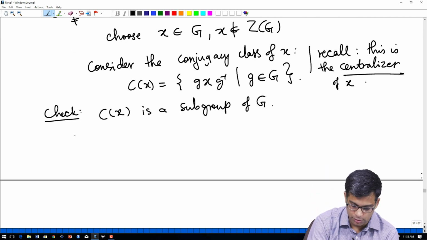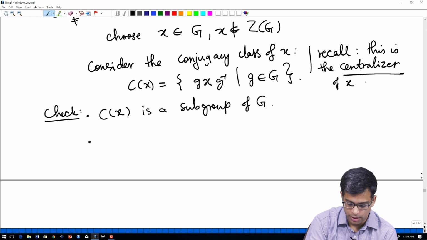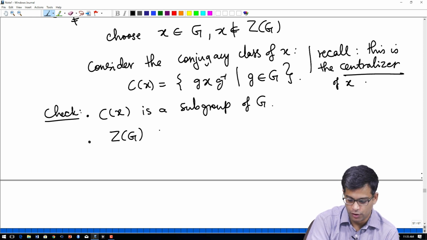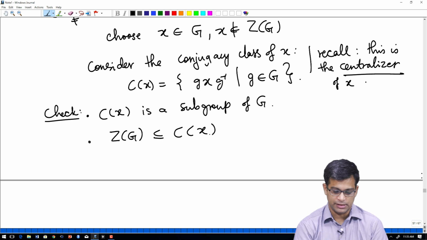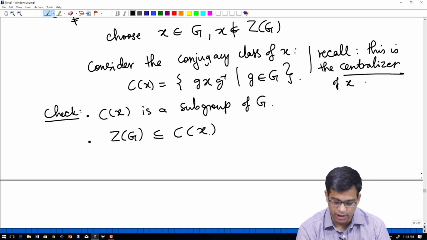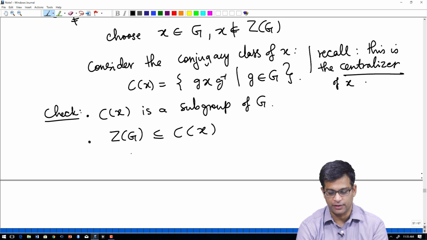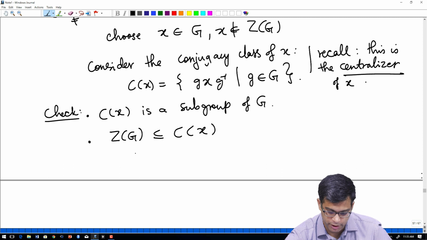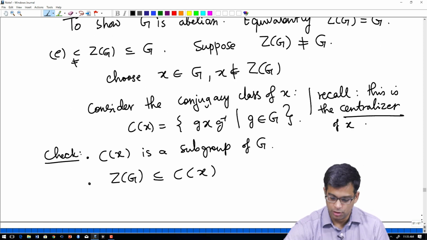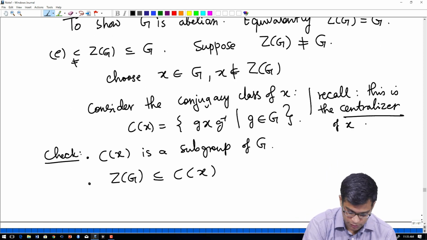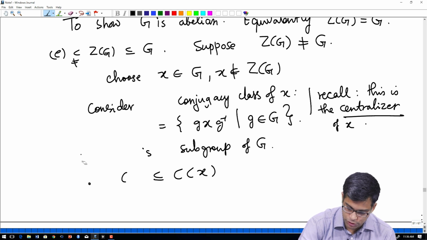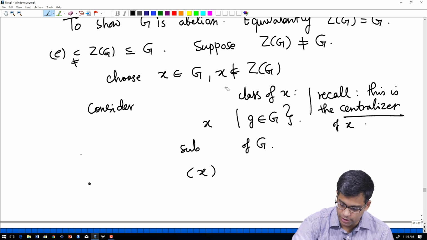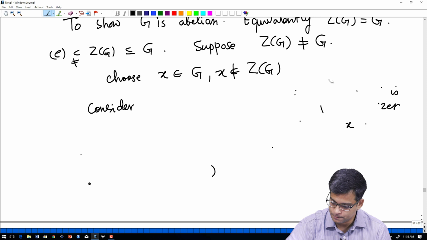It is also easy to check that the center will always be contained in the centralizer, because the center is all elements which commute with everything. Sorry, I made a mistake here, let me erase all this. I got confused. I am not looking at the conjugacy class, I am looking at the centralizer.